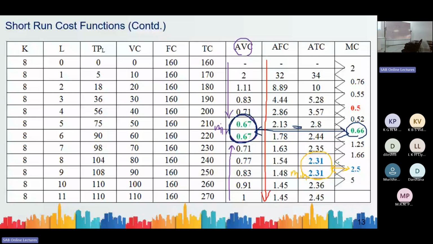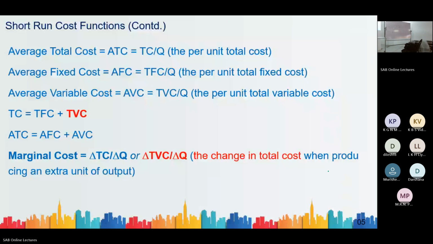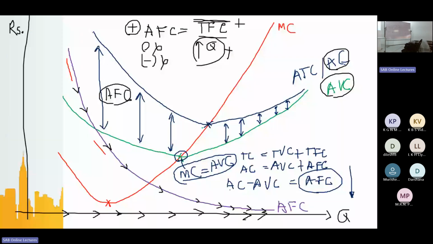So they are equal, because the marginal cost curve goes through the minimum point of average total cost. At this point, average total cost is equal to marginal cost.